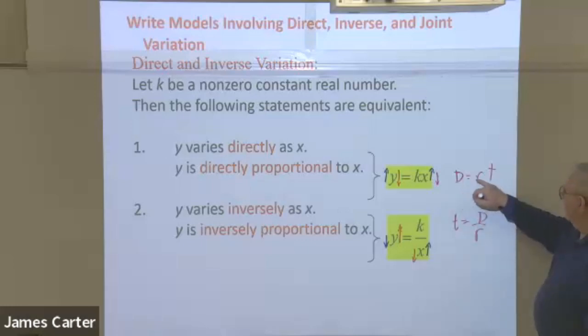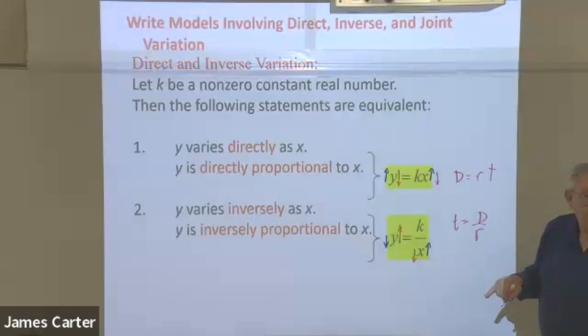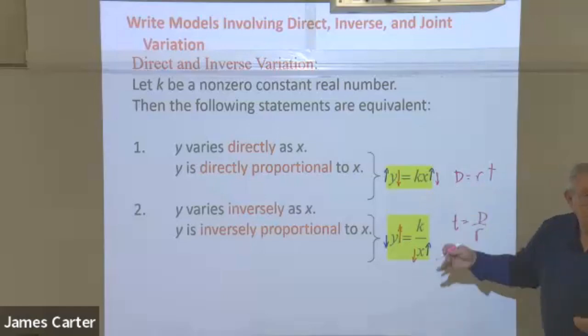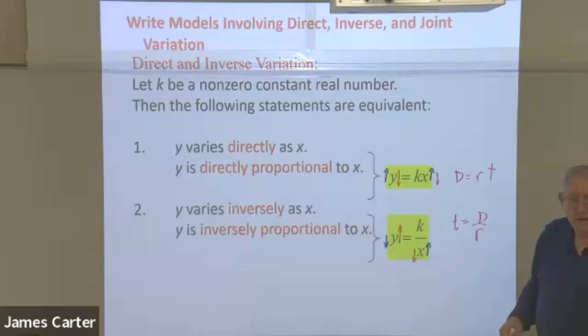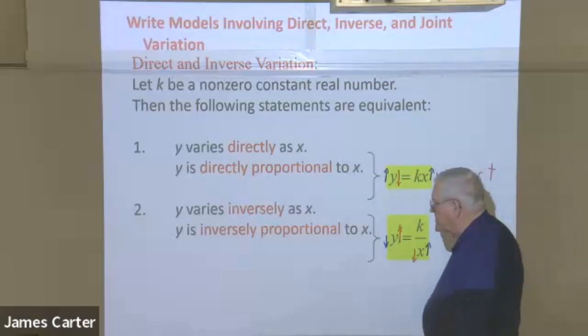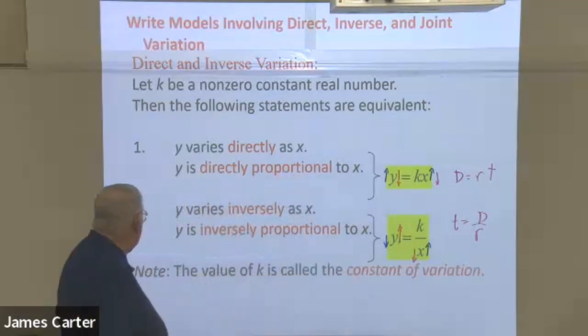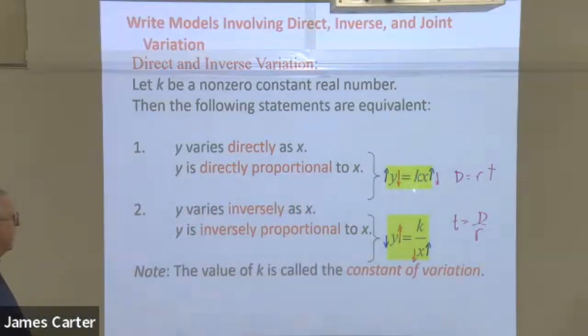Here, this one just says, how far can I go if I drive this fast for that long? If I drive faster, then it'll take me farther. If I drive slower, it will take me shorter. And so that fits this pattern. And that's kind of how these things work. In this case, the K is the constant of variation.